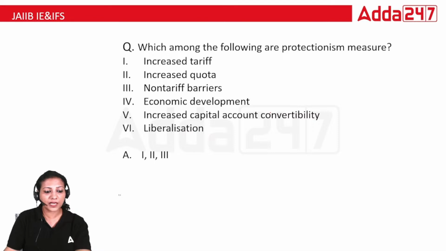The options are A, 1, 2, and 3; B, 1, 3, and 5, or 1, 2, and 5 meaning increased tariff, increased quota, and increased capital account convertibility; C, 2, 3, 4, or 6; D, non-tariff barriers, economic development, increased capital account convertibility, or liberalization. So what would be the right answer for this particular question?